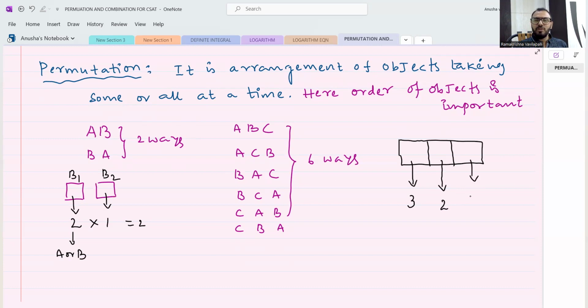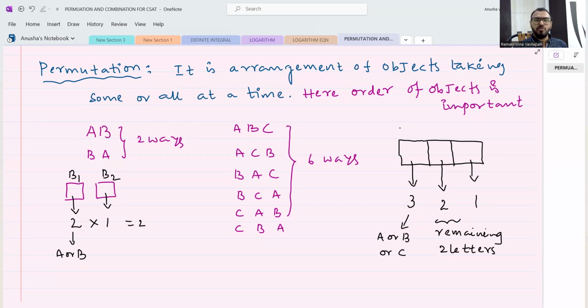And now there is only one object left, the remaining letter, that you put in the third box.